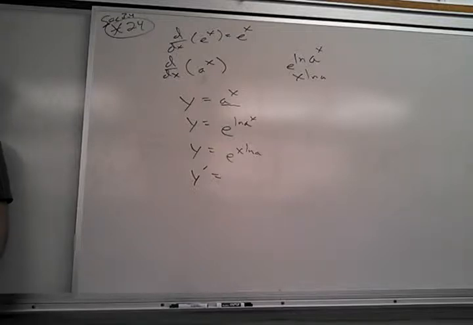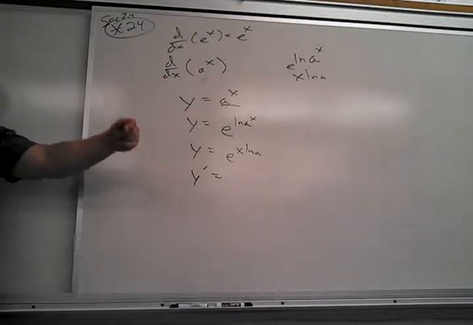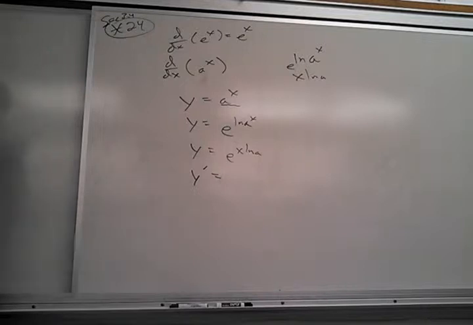Have faith in the rule. Write the rule first. Take the outside function, which we just said is e, so times whatever the chain rule says.